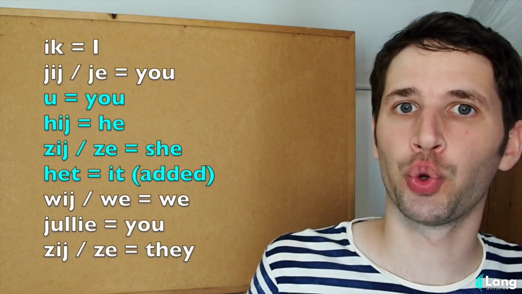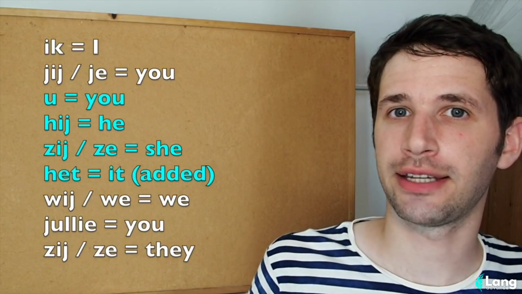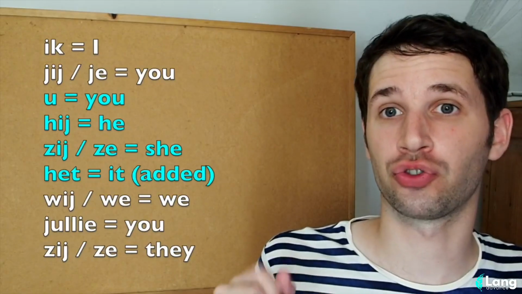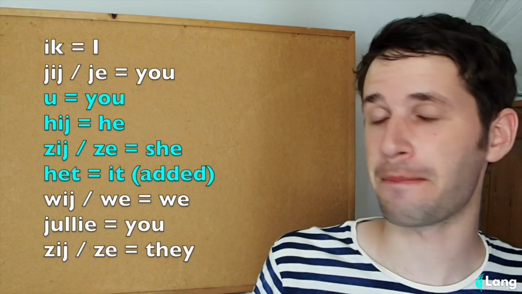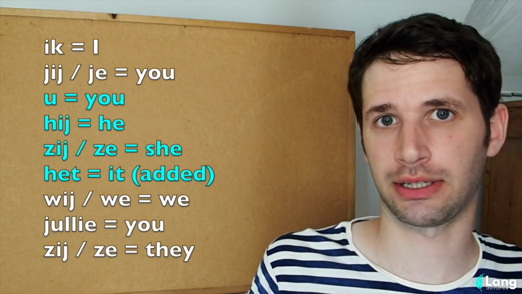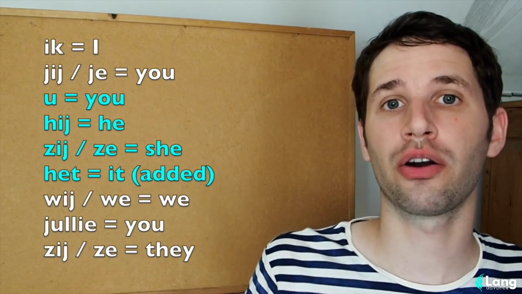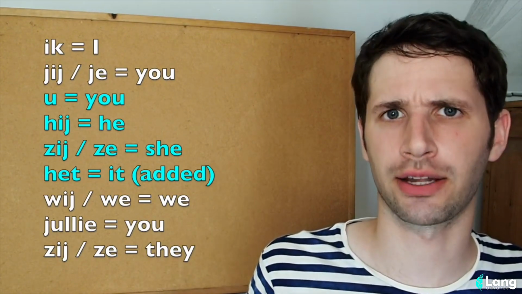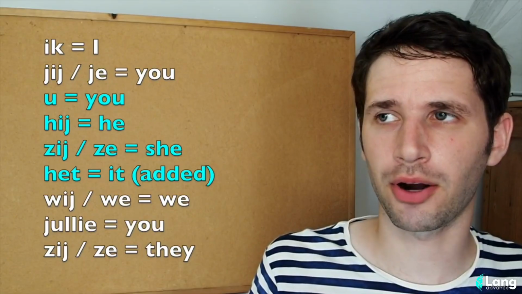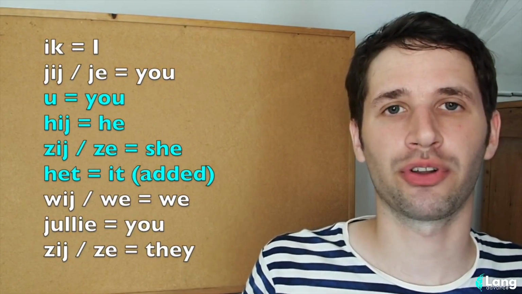Second remark, u is conjugated in the third person in Dutch, so just like hij, zij, or het. That's different from English, because in English you say you are and not you is, like he is, but in Dutch it's like that. You can remember it by thinking about if you would talk to someone very important, like the Queen.